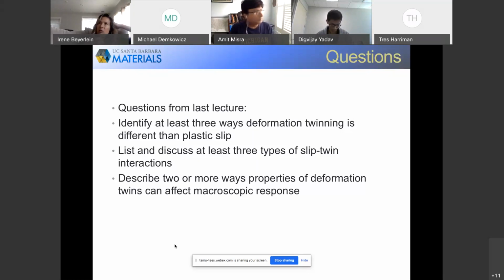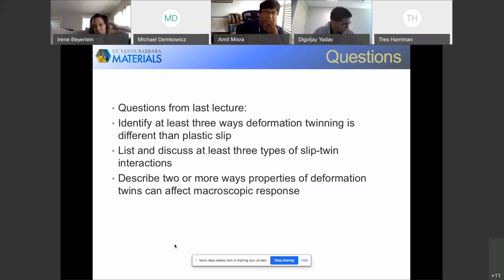And then you can think of how shapes would be different if you had different twin modes, because they would each provide different elastic energies. And the interfacial energy would also change with different twin modes. So this would be one aspect of twinning.